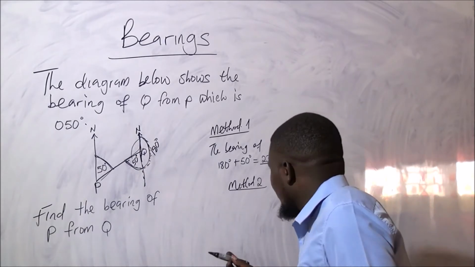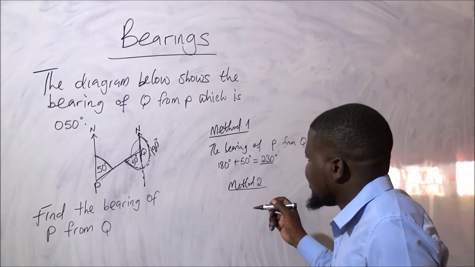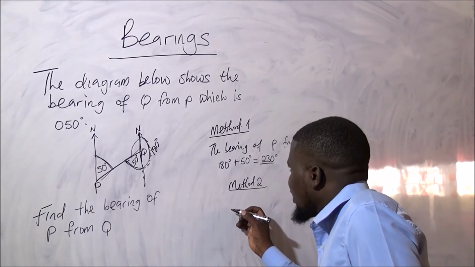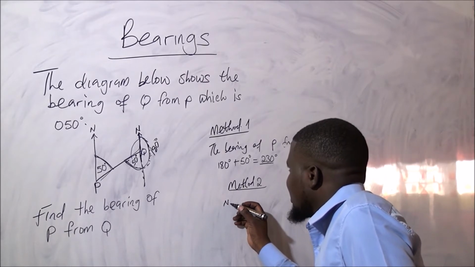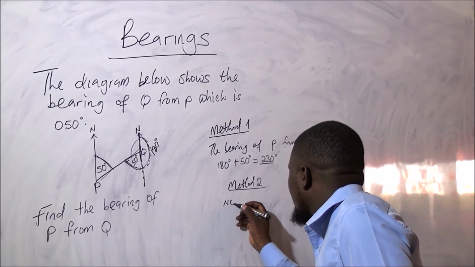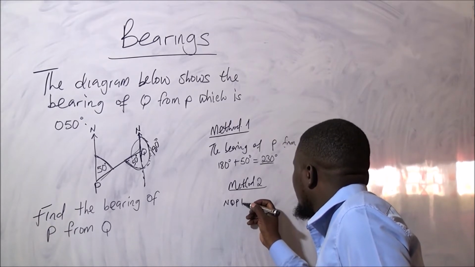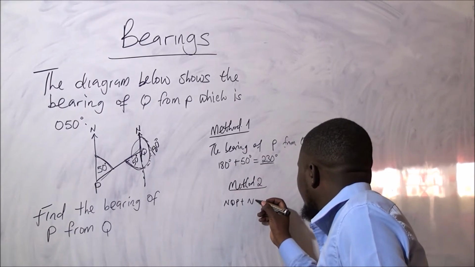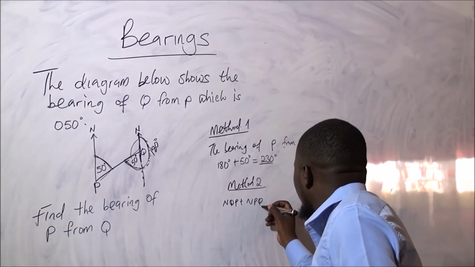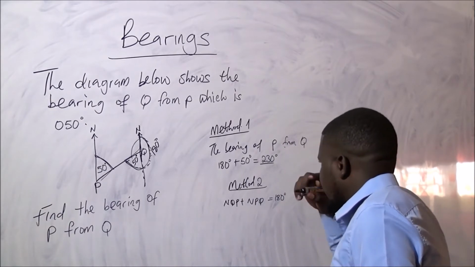We can say angle NQP plus angle NPQ is equal to 180 degrees.